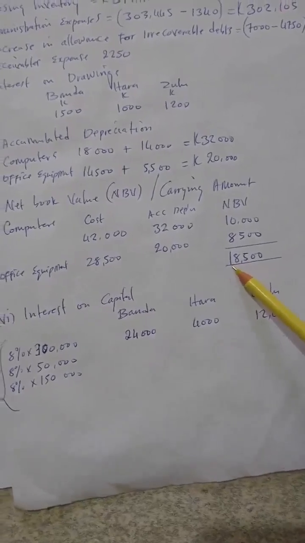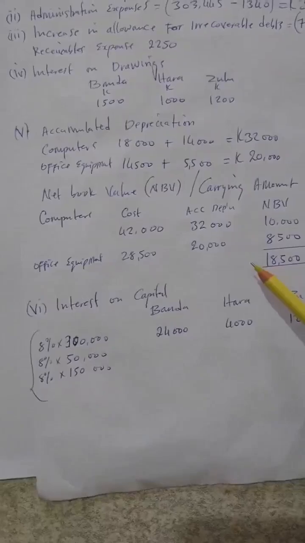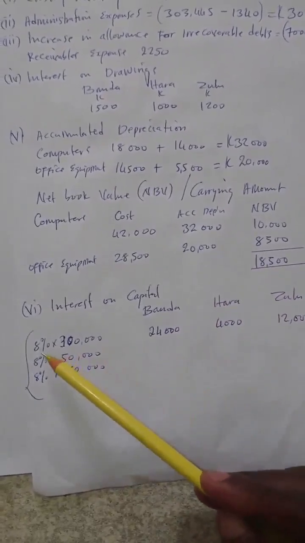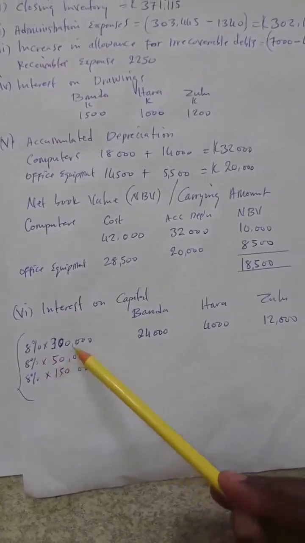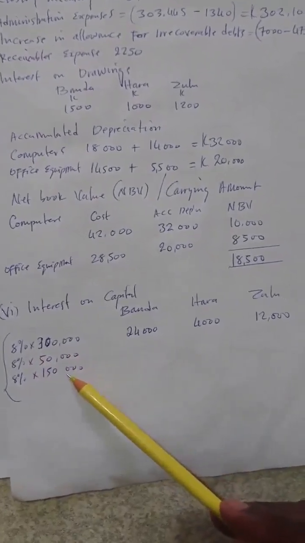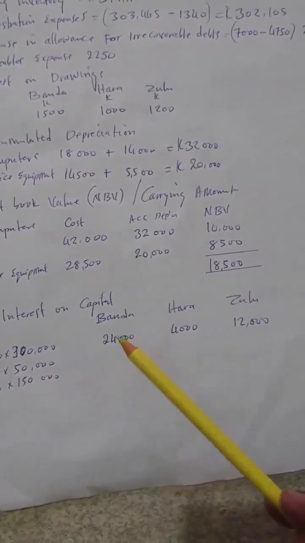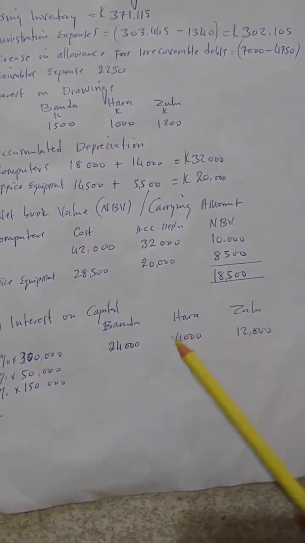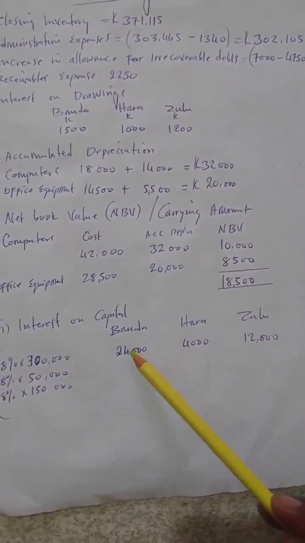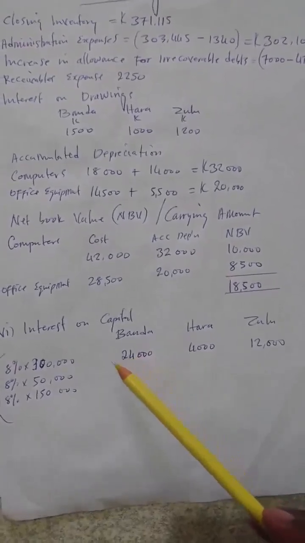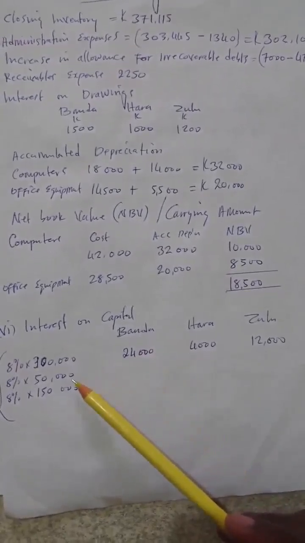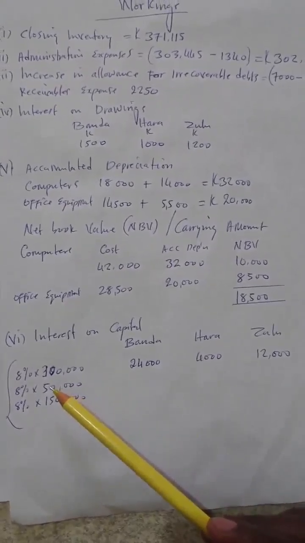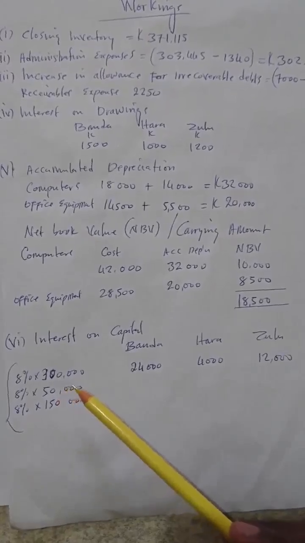When we come to the statement of financial position, then the interest on capital, that 8% that the question gave us, when you do the 8% on the different capitals for these partners, the amount of interest is going to be like this. The interest on capital in a partnership is a benefit to each partner. They are given back some percentage based on the amount they've invested in the business.